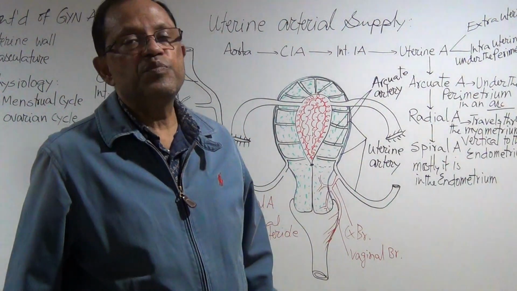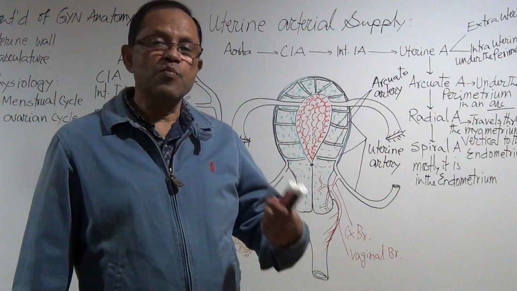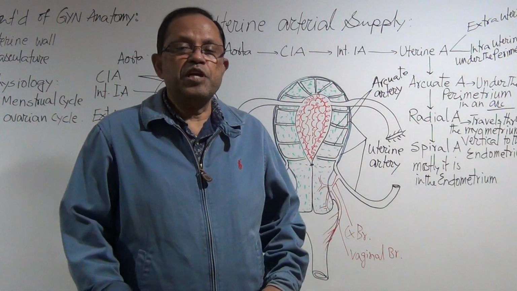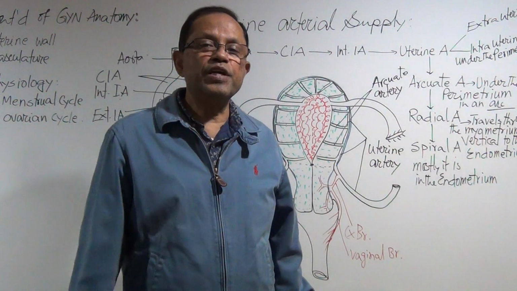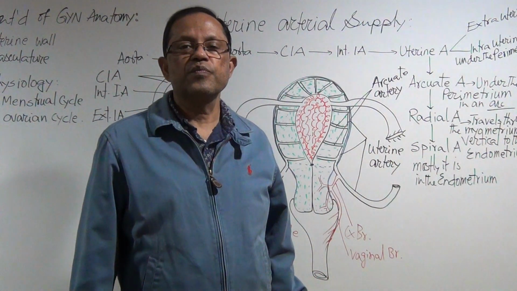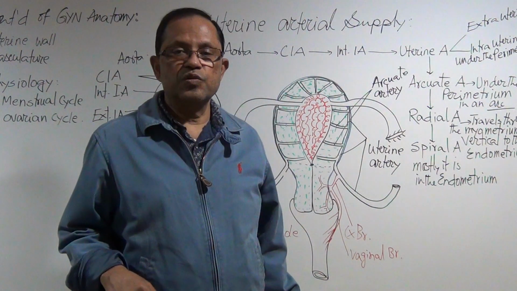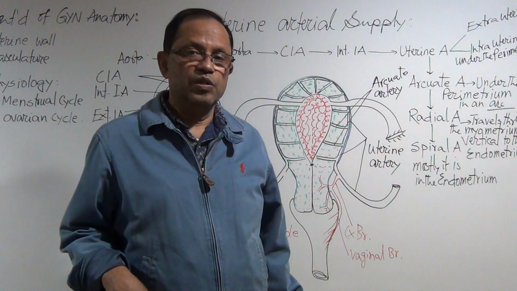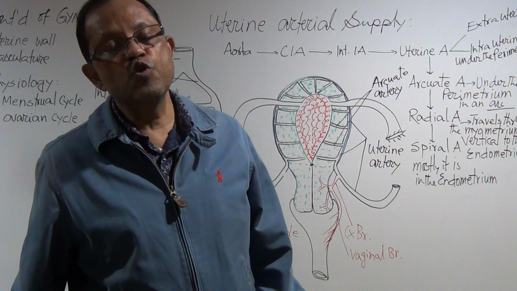So these lymph nodes normally return the lymphatic fluid to the para-aortic group of lymph nodes, and the para-aortic group of lymph nodes also have a connection to the porta hepatis group of lymph nodes.